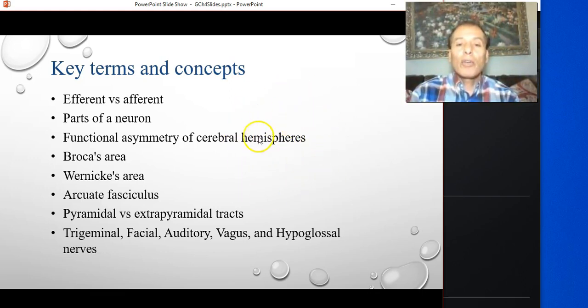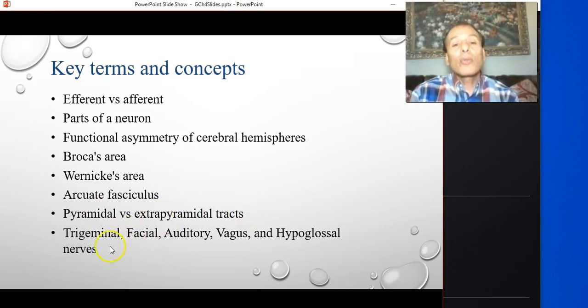And there are different areas. The right hemisphere does different functions than the left hemisphere. And we spoke about areas that are important for speech, including Broca's area, Wernicke's area, and the pathway that connects these two, called the arcuate fasciculus. We spoke about the motor movement and how it's mediated by the pyramidal and extrapyramidal tracts.